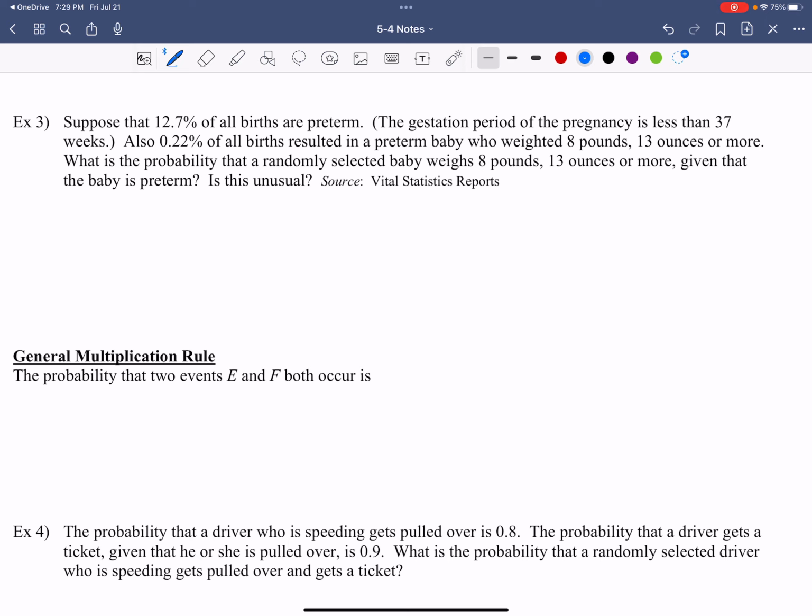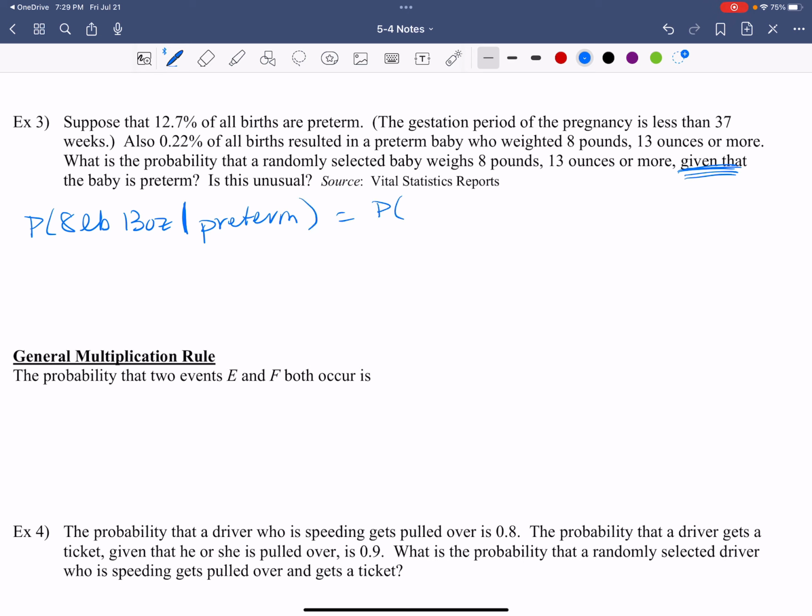What is the probability that a randomly selected baby weighs 8 pounds, 13 ounces or more, ooh, there's the words, given that the baby is preterm? So we're looking at the probability of the 8 pounds, 13 ounces, given that we have preterm.